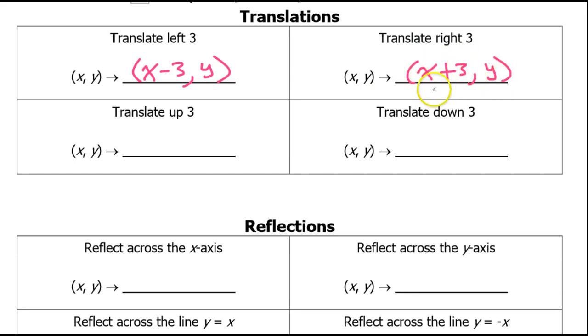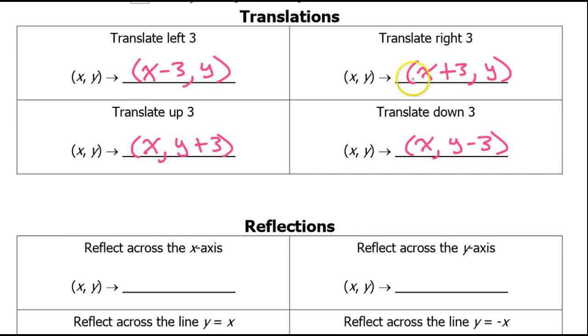The y value stays the same. If I want to move up 3, that's changing the y values. So the x value will stay the same, but I will have to add 3 to the y value. If I want to move down 3, the x value will stay the same, but the y value will be decreased by 3. So that's how those rules go.